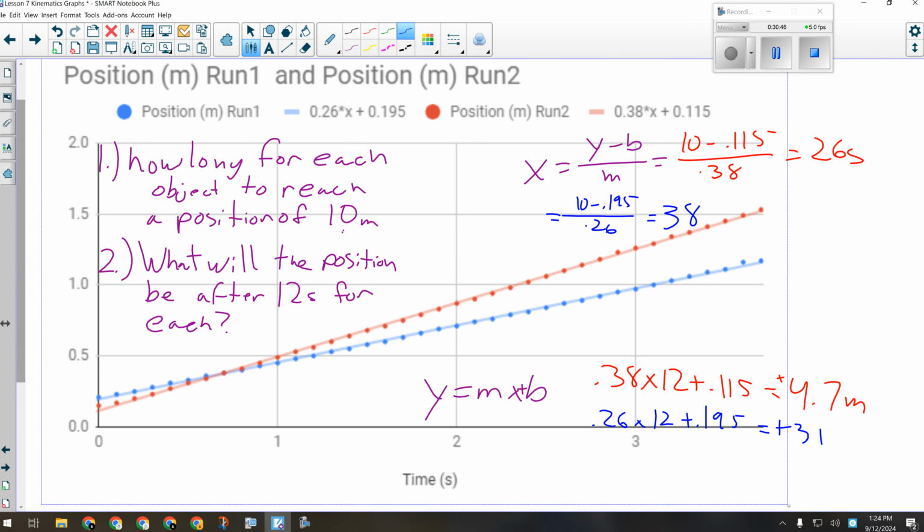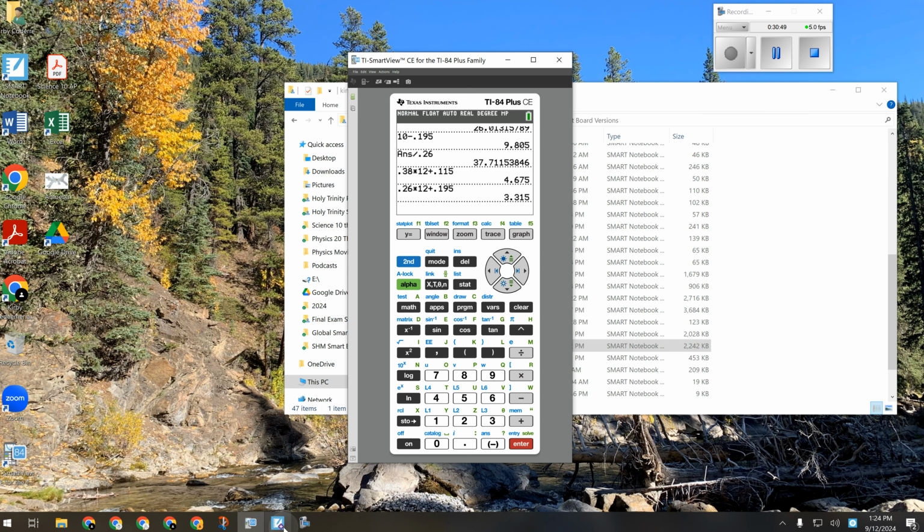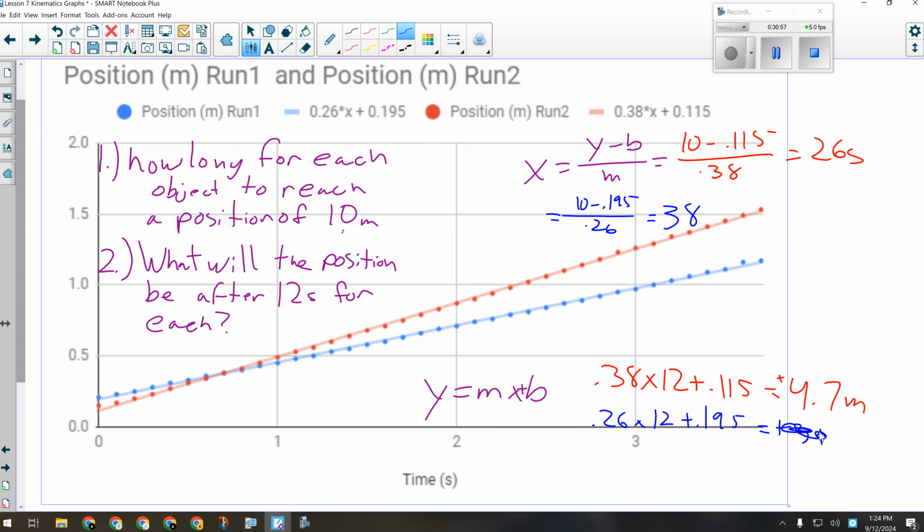It shouldn't be as far. Sorry, we had 3.3. Positive 3.3 meters. Okay, is that ringing a bell? Does it feel at least somewhat familiar to use y equals mx plus b?